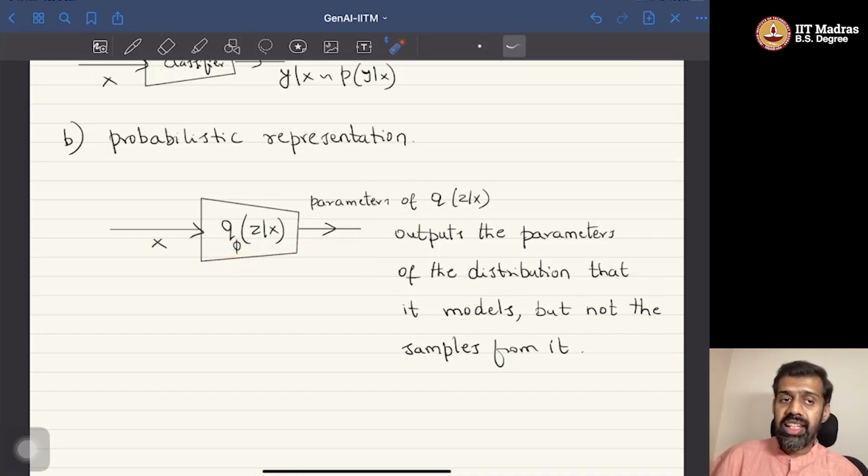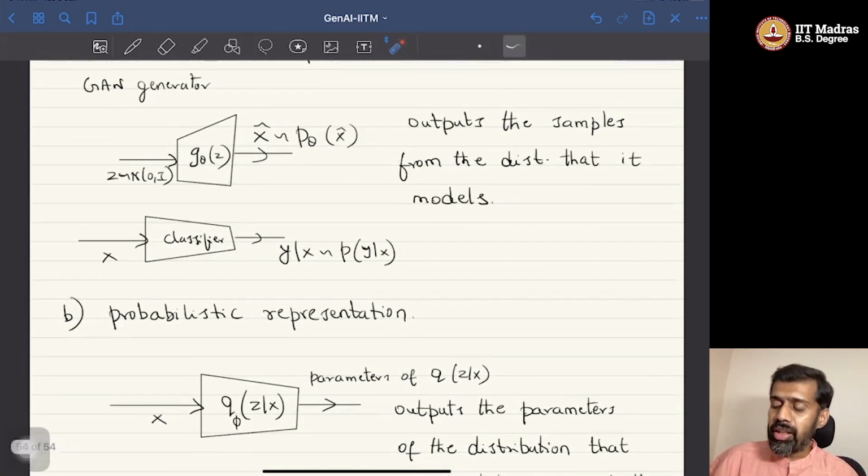Please note that in any case, a neural network is a deterministic function in the sense that once you train the neural network, during inference, the output of the neural network is not random. However, the way you represent a probability density function or a distribution function using a neural network differs.